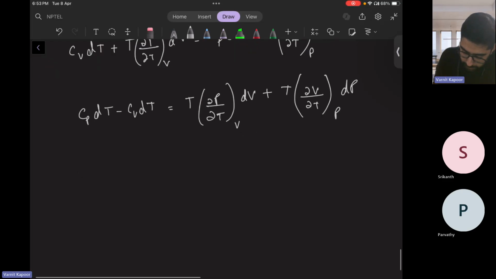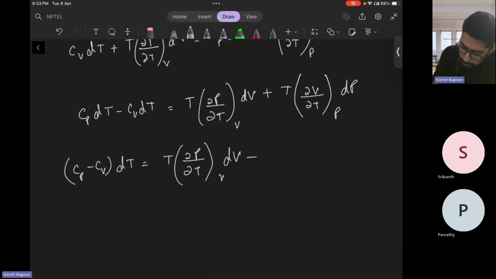So this can be written as Cp minus Cv times dT, with the right hand side remaining like this, plus T (dou V by dou T at P).